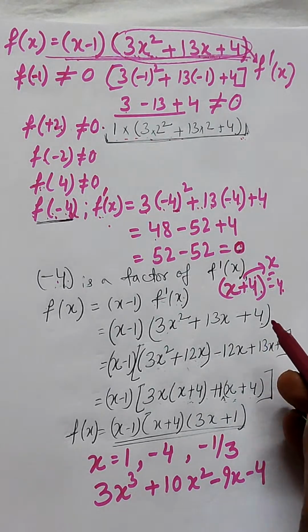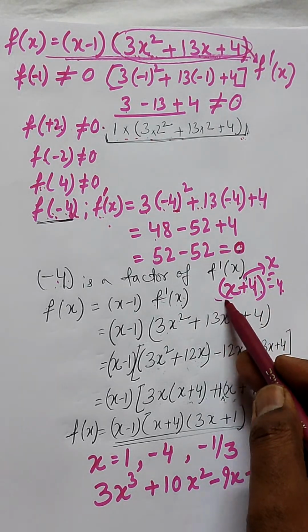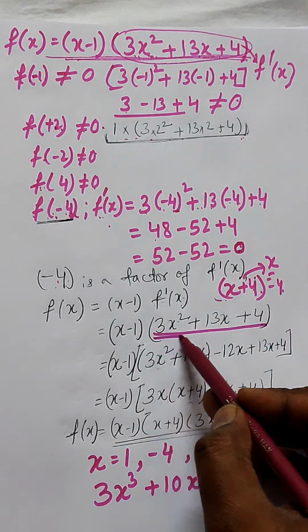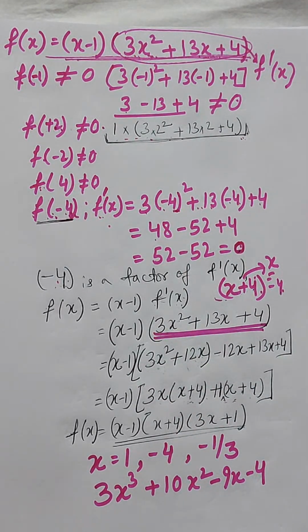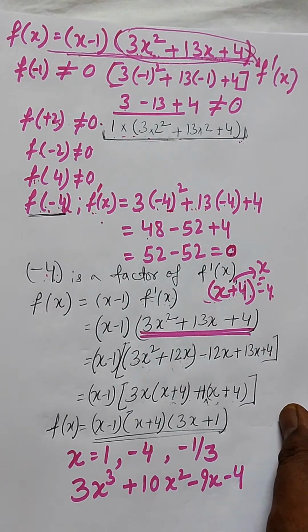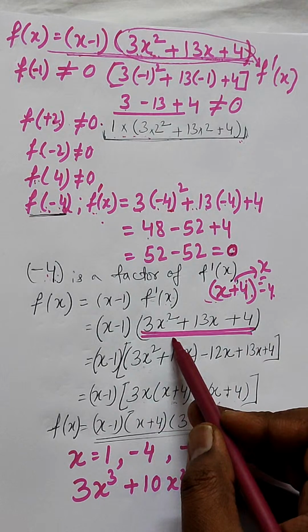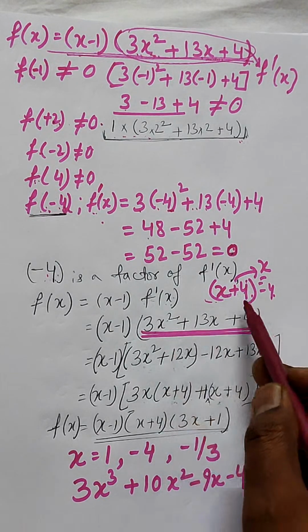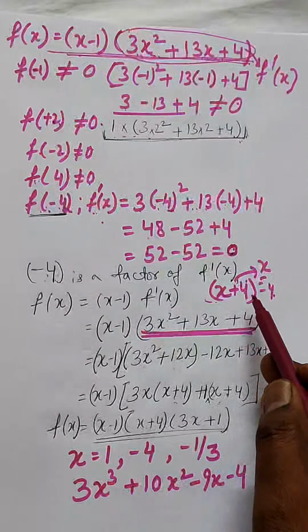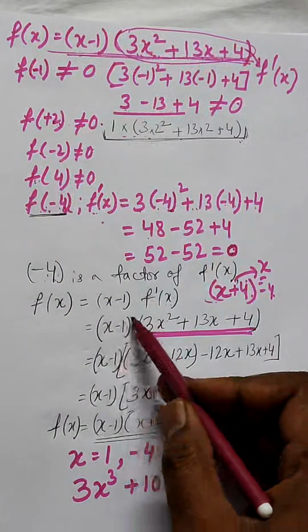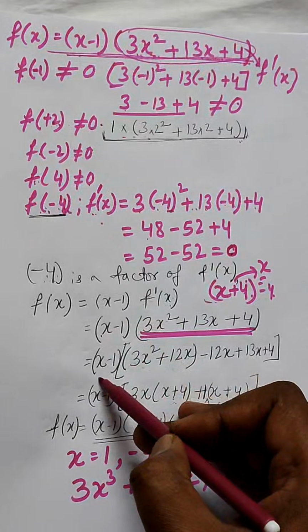That means now we have to bring x plus 4 out from the f dash x. This is f dash x, right? How will we be doing it? In the same fashion, since x plus 4 needs to be taken out, what we will do is write x minus 1 as it is.